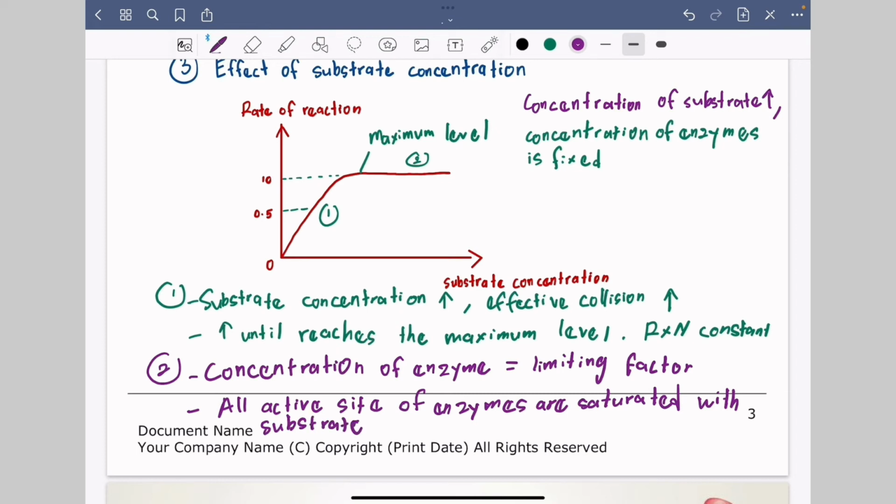Meaning that all of the active sites of the enzyme have already bound with all of the substrate, so there is no place for substrate to combine with the enzymes.